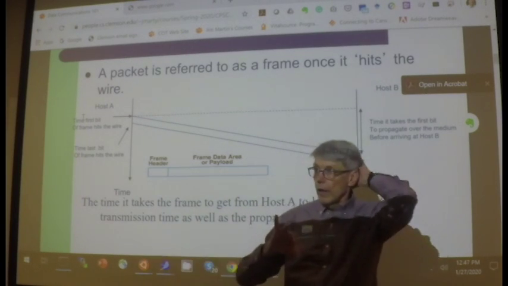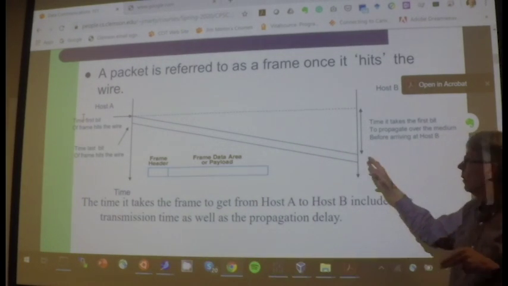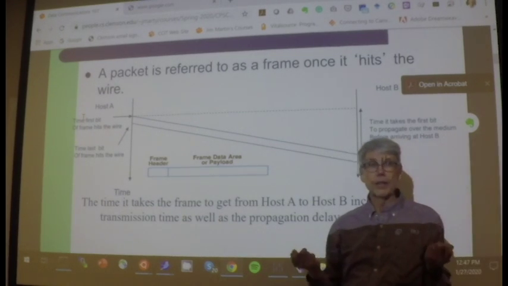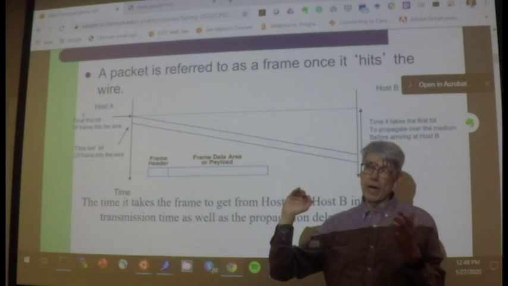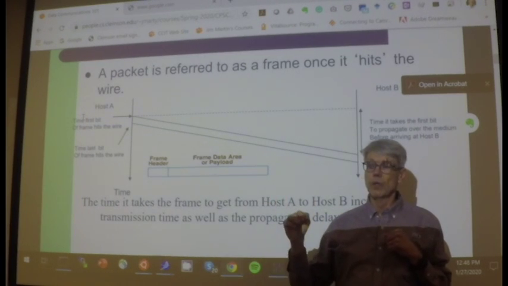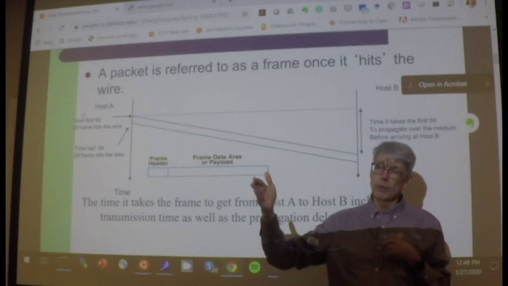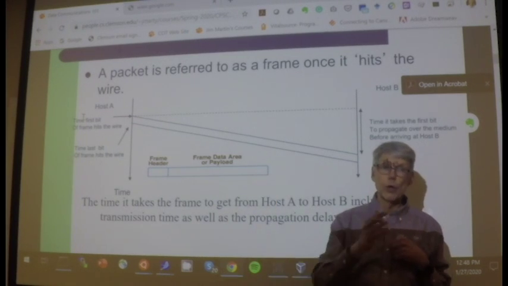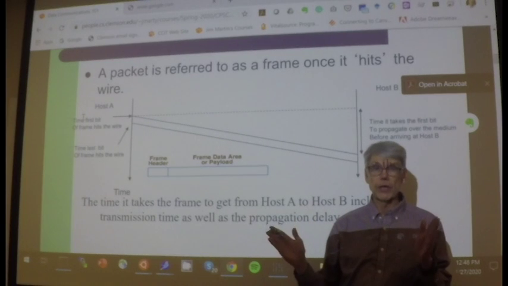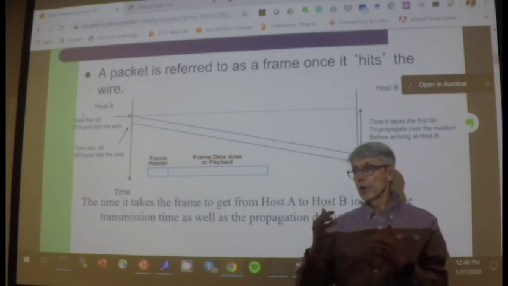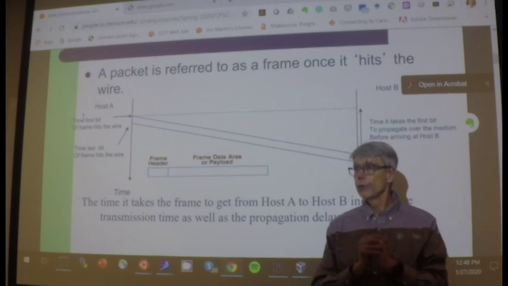Anyway, the propagation time is actually quite significant. The time it takes electromagnetic energy to travel from the East Coast to the West Coast is about 30 milliseconds. From here to Asia, over 100 milliseconds.